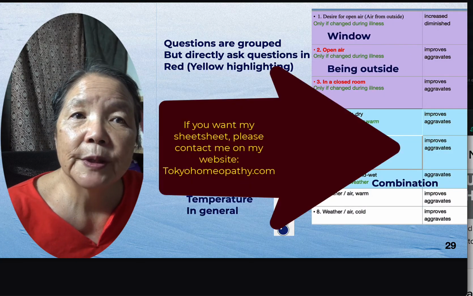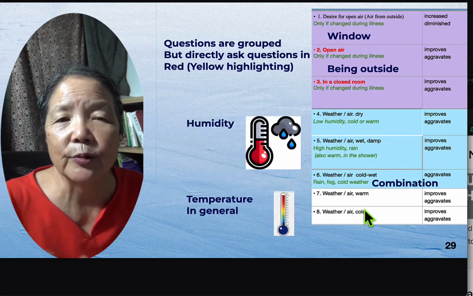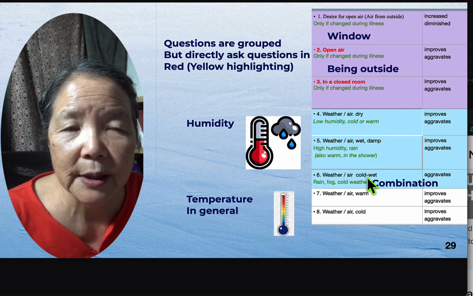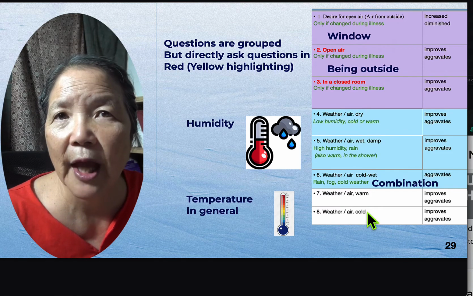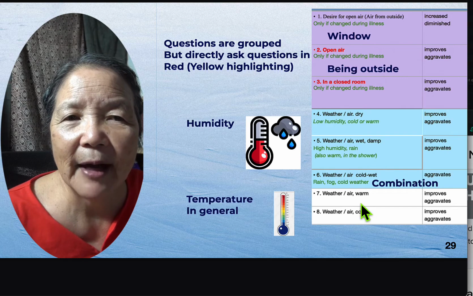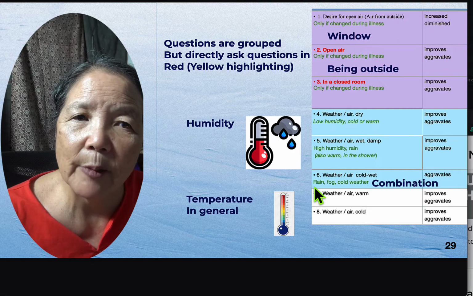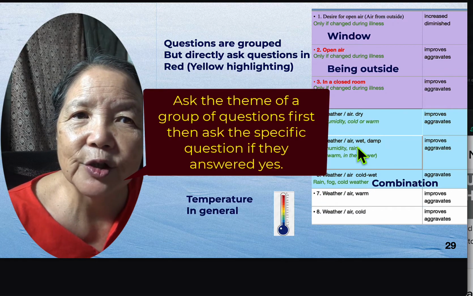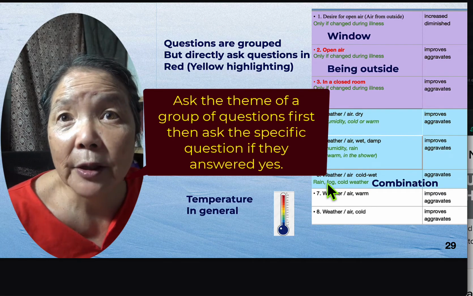I have grouped questions somewhat loosely. They're not like a tight group. This one here is about cold, wet, and this one is about cold, and this one is about dampness. So it really covers both categories. But I've loosely grouped them because if you're asking about humidity and how it affects them, often it's easier to ask the abstract question of, how are you affected by humidity?